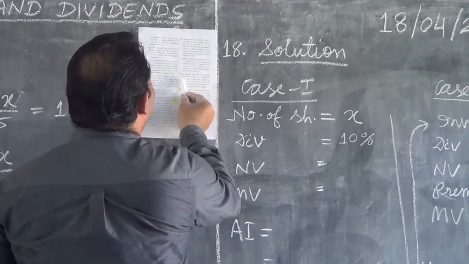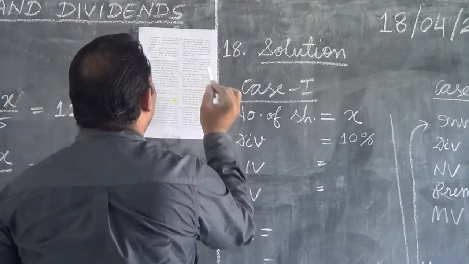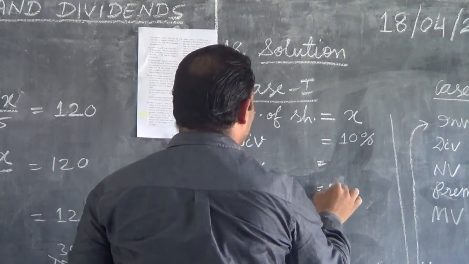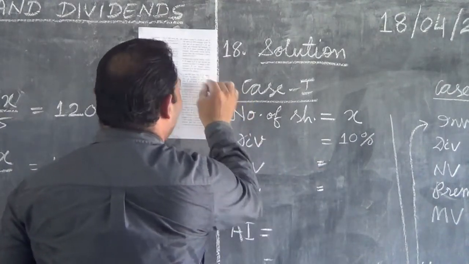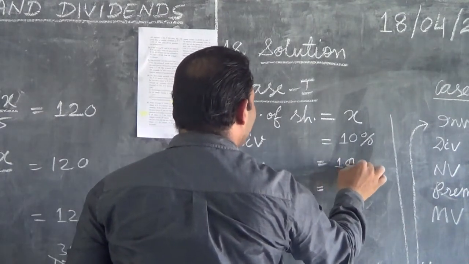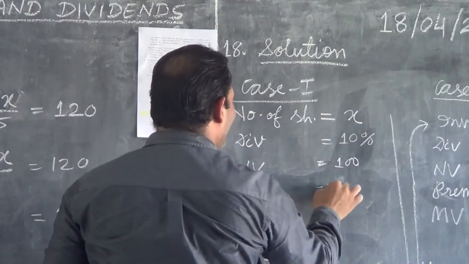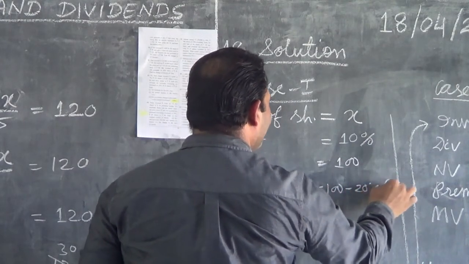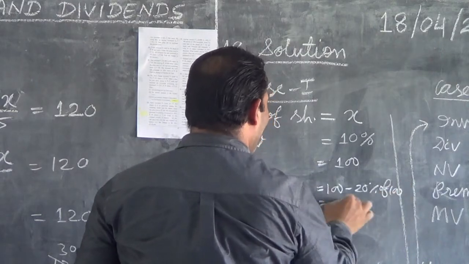Then he sells the shares at a discount of 20%. So nominal value rupees 100 here. Market value will be 100 minus 20% of 100. That will give you 80 rupees.